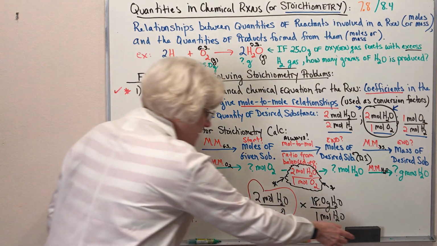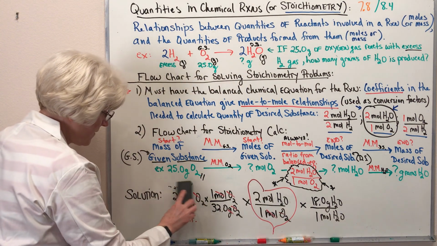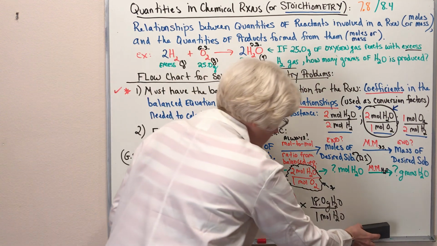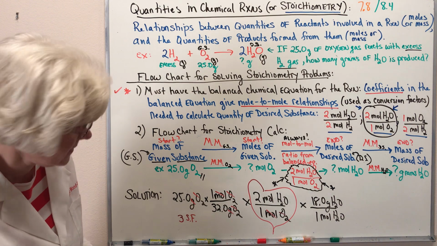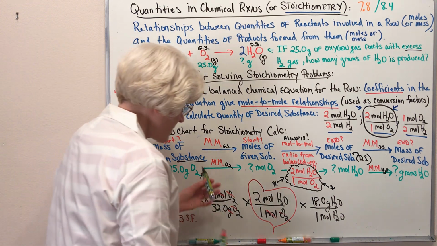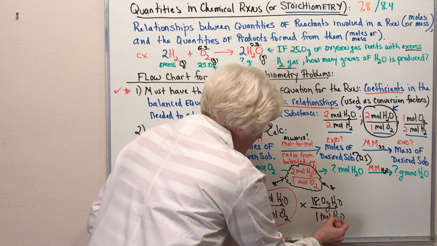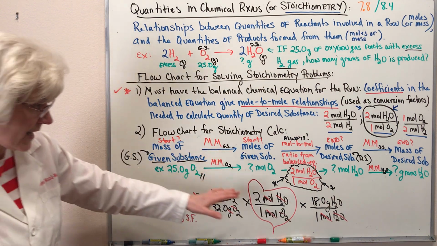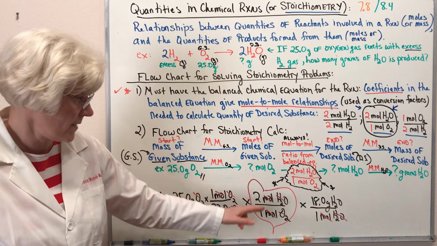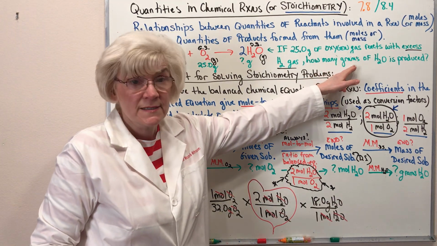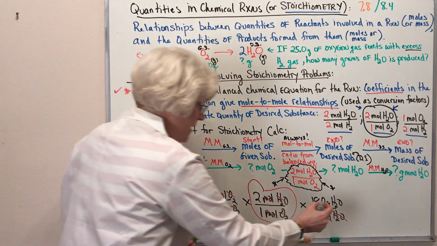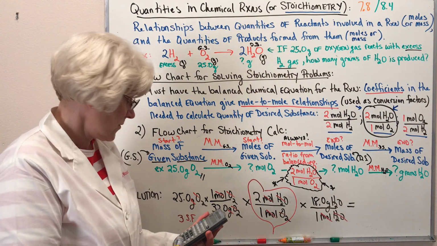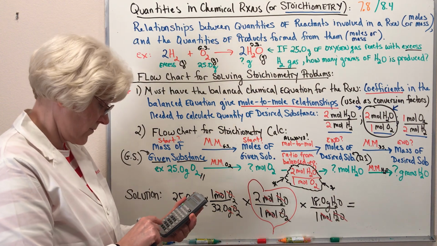So removing this 25.00 here with 4 sig figs, that's not what we're dealing with, and we don't want to confuse ourselves with that. I can see that my moles of water have canceled in the setup, and the last unit remaining is grams of water, which is what I'm asked to calculate. So taking your calculator, and I'm taking mine, going through and punching in the numbers.